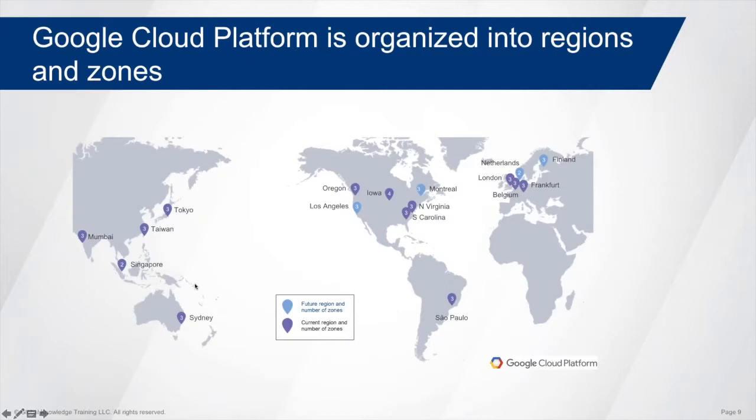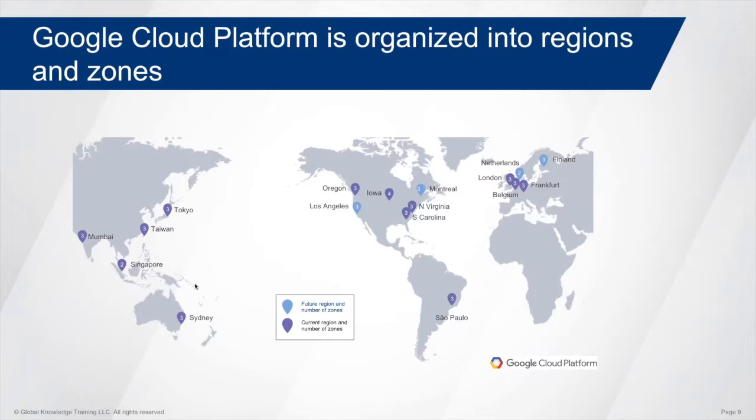Now, looking at this map more from a data center perspective, here you have all of Google's regions and the zones within them mapped out. The teardrops are the regions, and the number inside is the number of zones. These are geographically isolated data centers within those regions, providing fault-tolerant, highly available, and critical failure isolated resources in those regions.